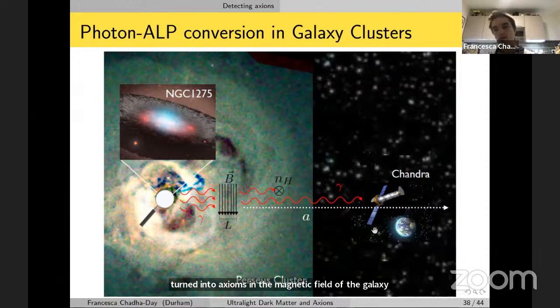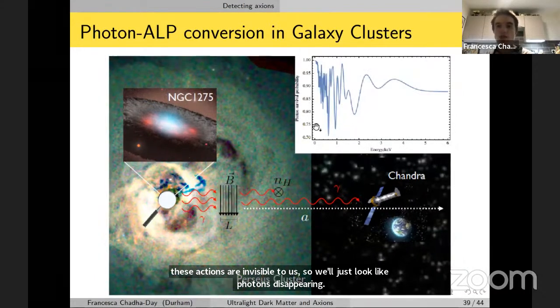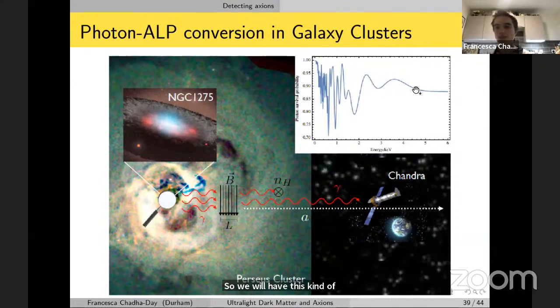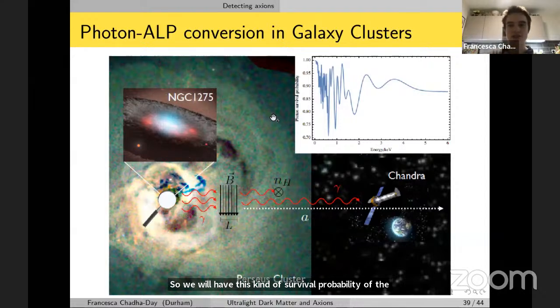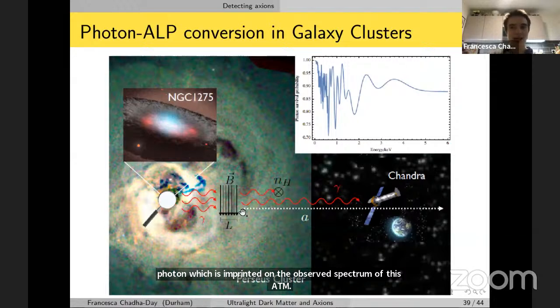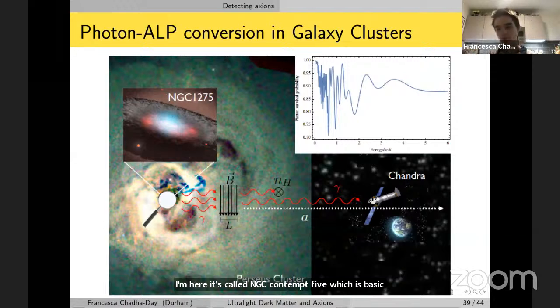And these axions are invisible to us, so it'll just look like photons disappearing. So we will have this kind of survival probability of the photon, which is imprinted on the observed spectrum of this AGN. Here it's called NGC 1275, which is basically a catalog number for the AGN.